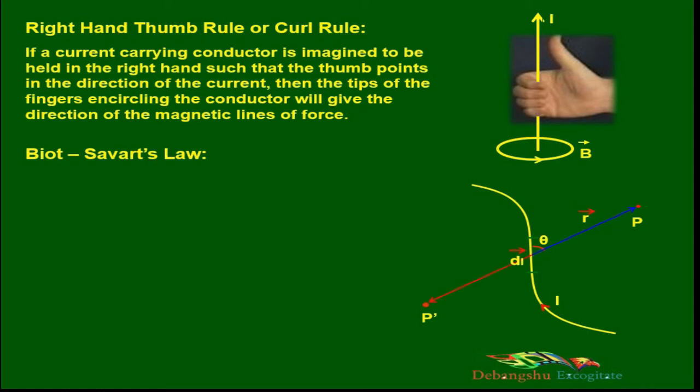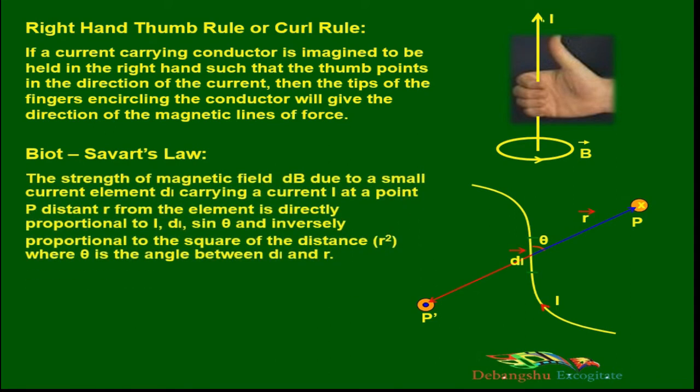There is another point P dash on the other side, and P dash also has a magnetic field. At P the field is going inward. Put your fingers along I dl cross r, and you can find that the thumb will be going inside. Cross means inside and dot means coming out.